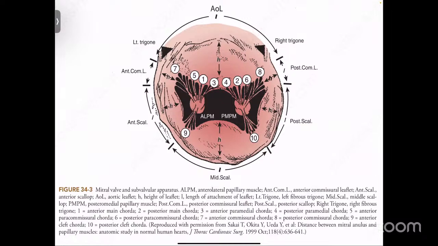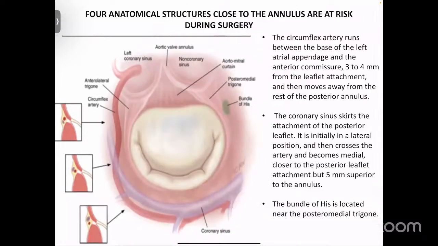This is another image further clarifying the distribution of the chordae to the papillary muscles and to different regions of the valve, the leaflet, sorry.